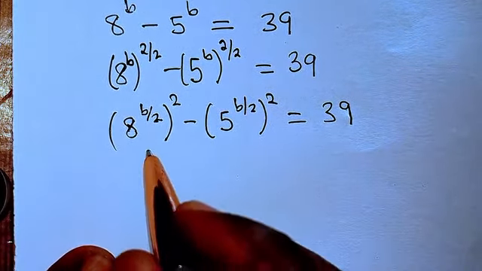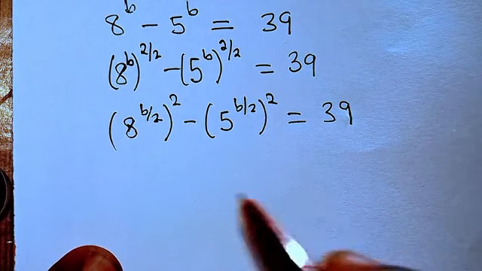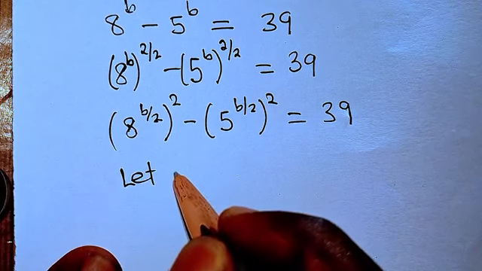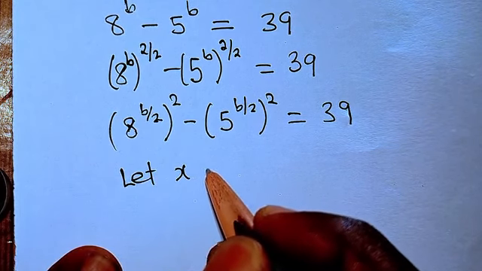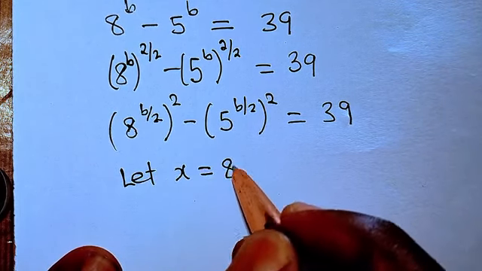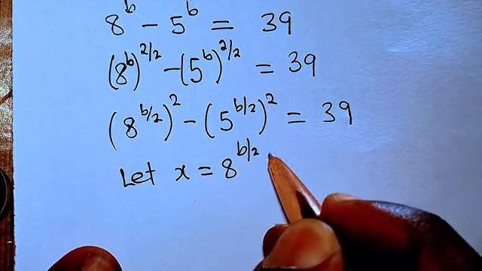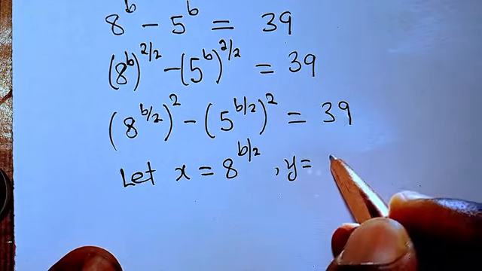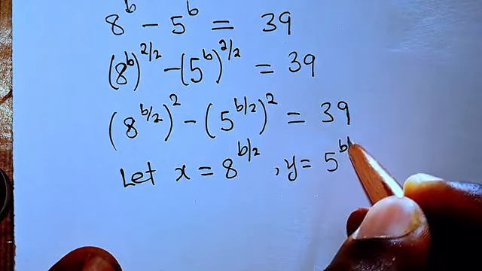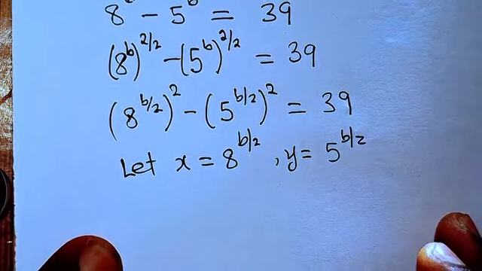So the next thing we are going to do here is let x equal 8 to the power of b over 2 and y be 5 to the power of b over 2. Are you following?